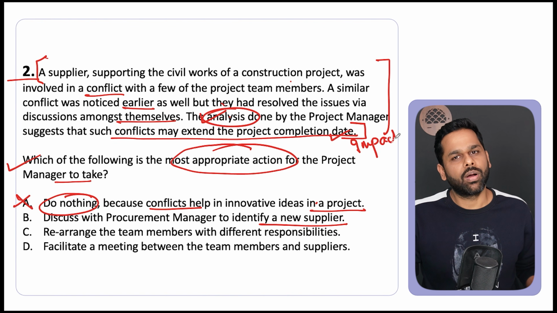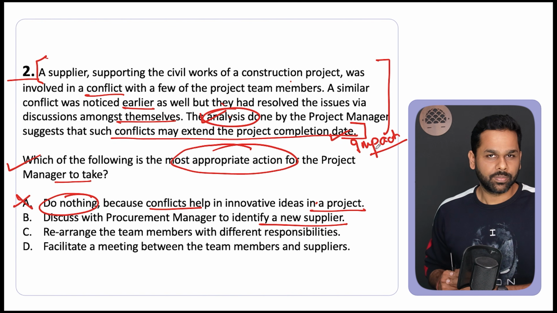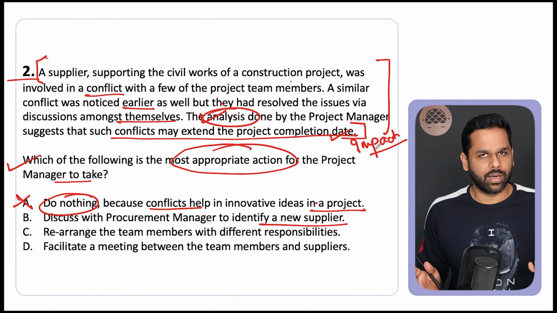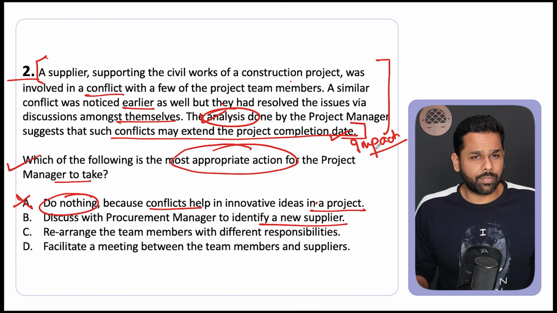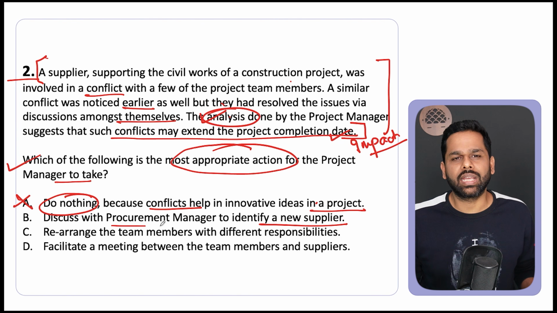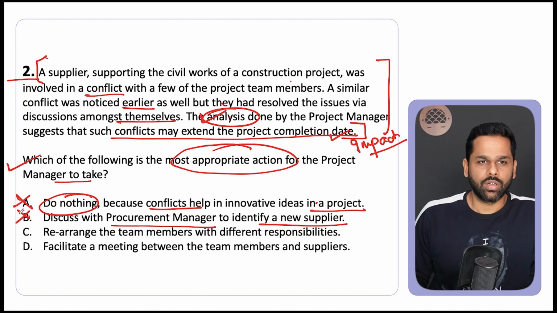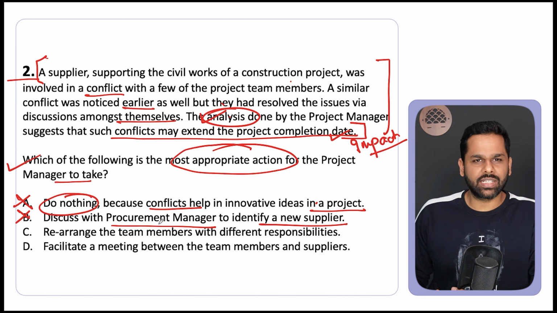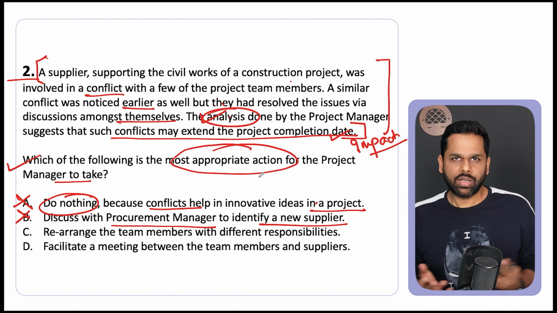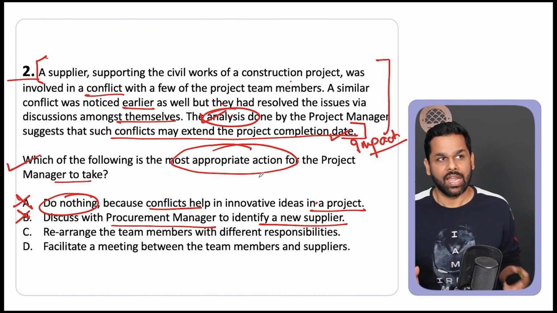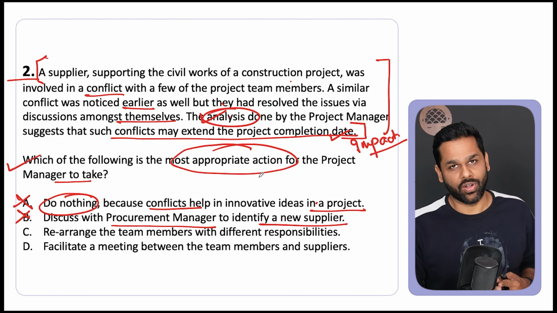It does not talk about the root cause, why the problem happened. Because we don't know why the problem happened, we cannot take a decision saying that we'll identify a new supplier. So B is also wrong because we have found a mistake. We have taken a decision without knowing the root cause. We should not do that as a project manager, and we cannot do that in the PMP exam for sure.